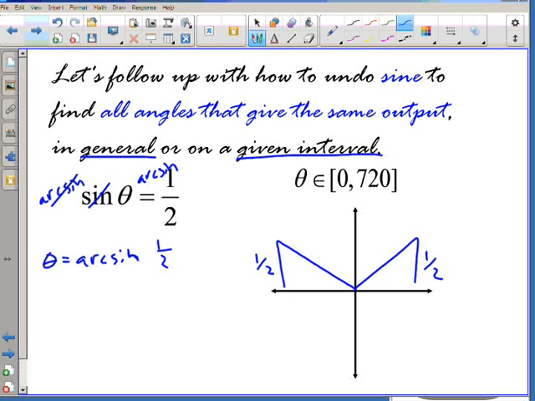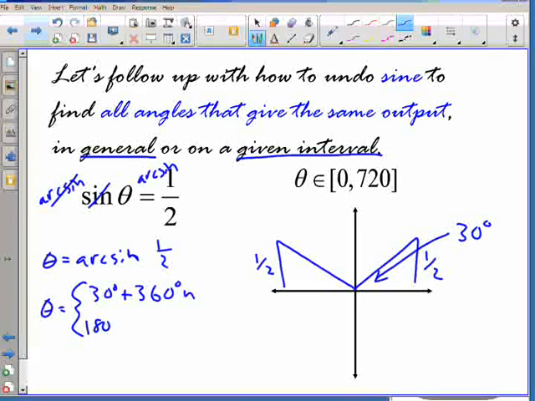So from our little generator here, we get the inverse sine, which would be, in this case, 30 degrees. When we have the short side opposite, it's 30 degrees plus 360n. And then 180 minus 30 degrees plus 360n.